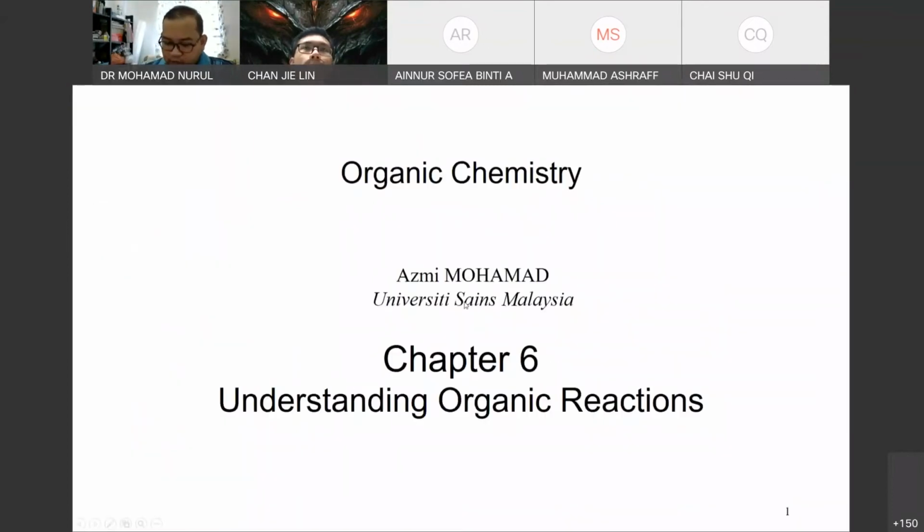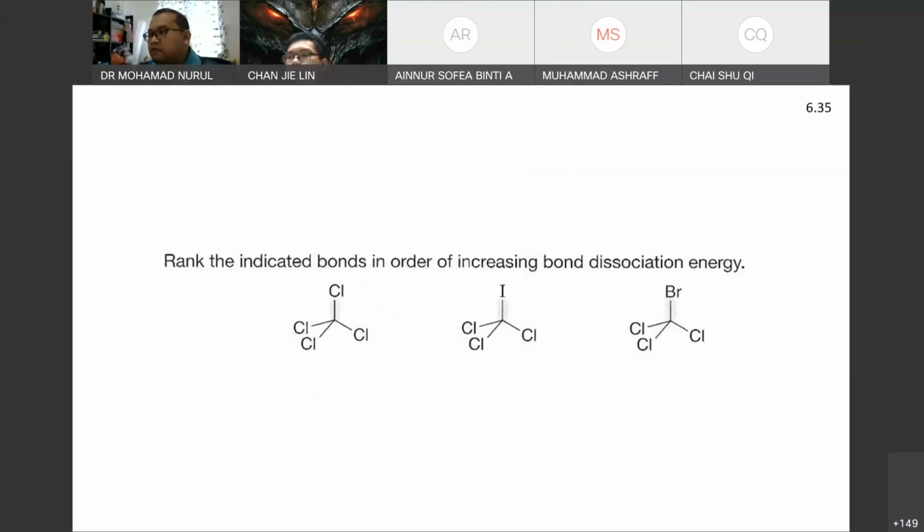Okay, I already gave you a few questions, not from the books. I think this question is from the previous version of the books, but maybe they have a similar set of questions. So, rank the atoms around the indicated bond in order of increasing bond dissociation energies.